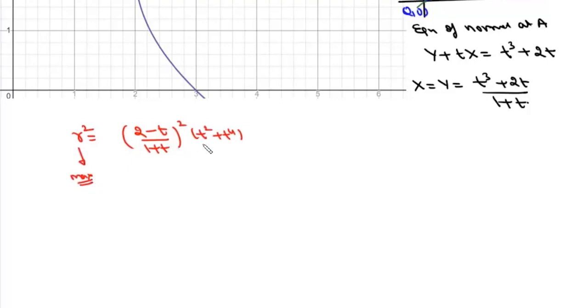Since it requires a lot of calculation, what I did was I used Wolfram Alpha, and from there it says we'll get the maximum value of r as 1 by root 2, and we get this value when the value of t is 1. Now we have the radius and we also have the center, so we can solve this problem. But I did not like this approach because of this complicated expression.